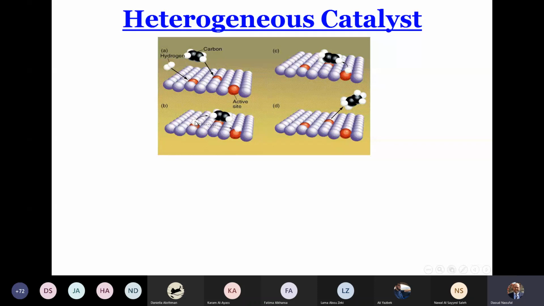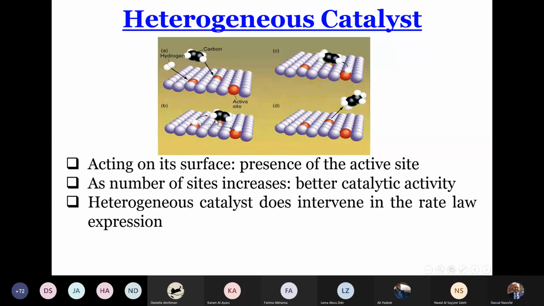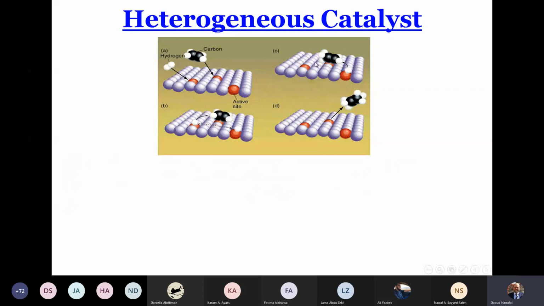And now the collision between the hydrogen and ethene is easier, so they can interact with each other to give ethane on the surface of the catalyst. Then the surface of the catalyst will release ethane. So we have hydrogen and ethene. They did not react on their own. They interact on the surface of the catalyst to form ethane.